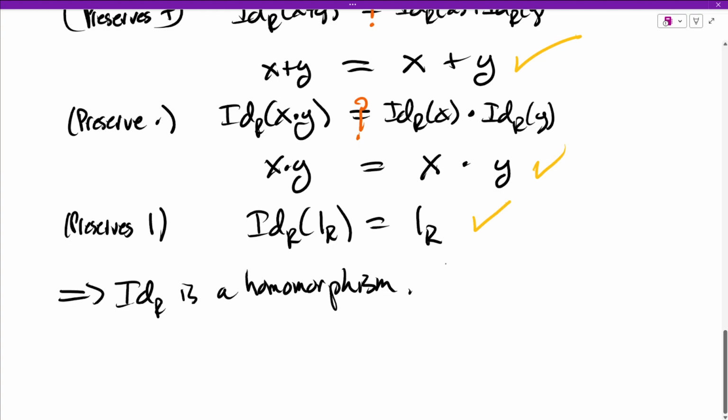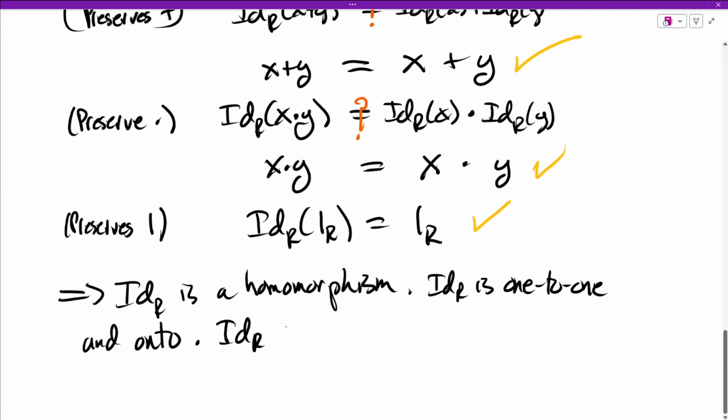In fact, it's not hard to convince yourself that the identity is both 1 to 1. It doesn't collapse anything. And onto. Every element of the codomain comes from something in the domain, namely itself. So this tells us then that because it's 1 to 1, the identity is a monomorphism.